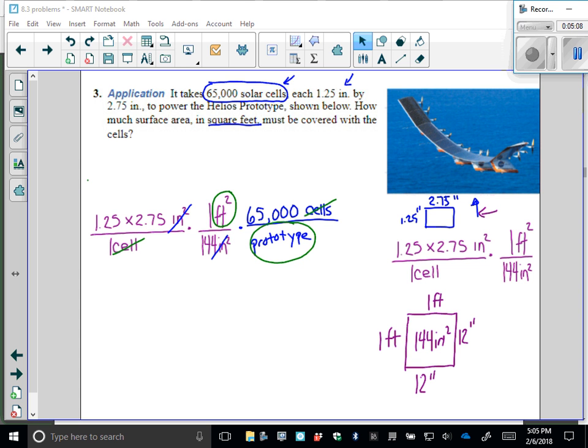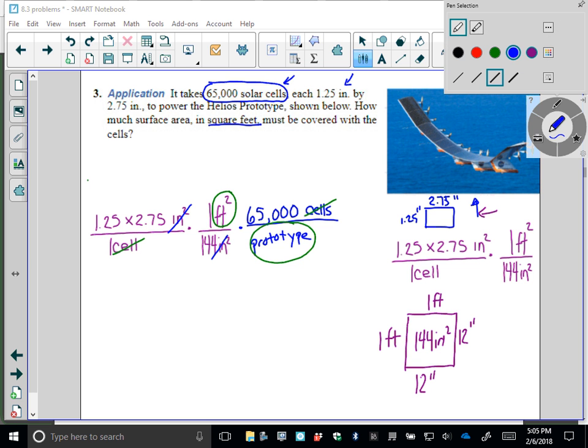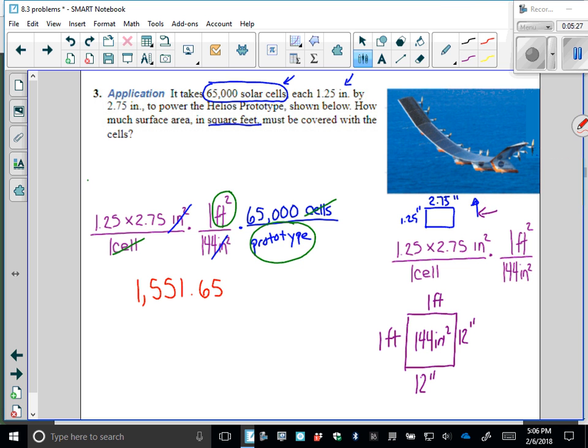So when I calculate that out, looking at my calculator results, with a little bit of rounding, I get 1,551.65 square feet per prototype.